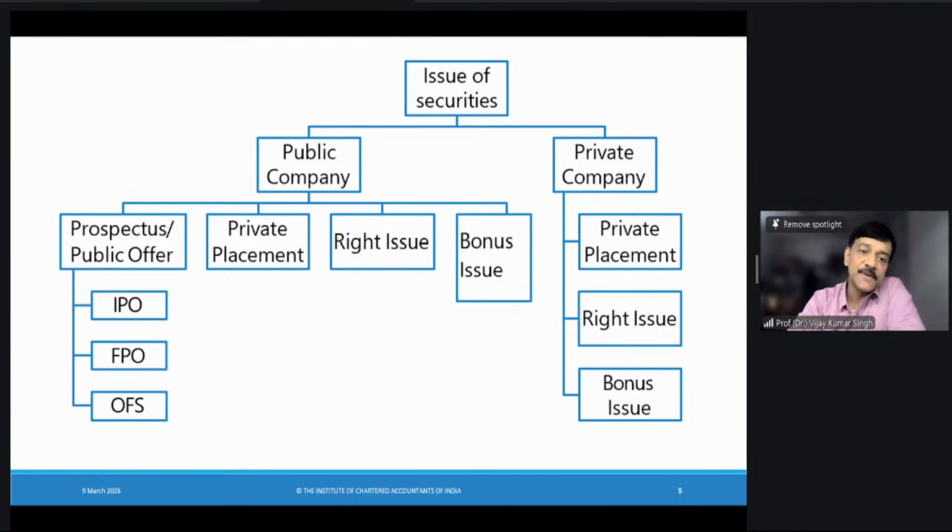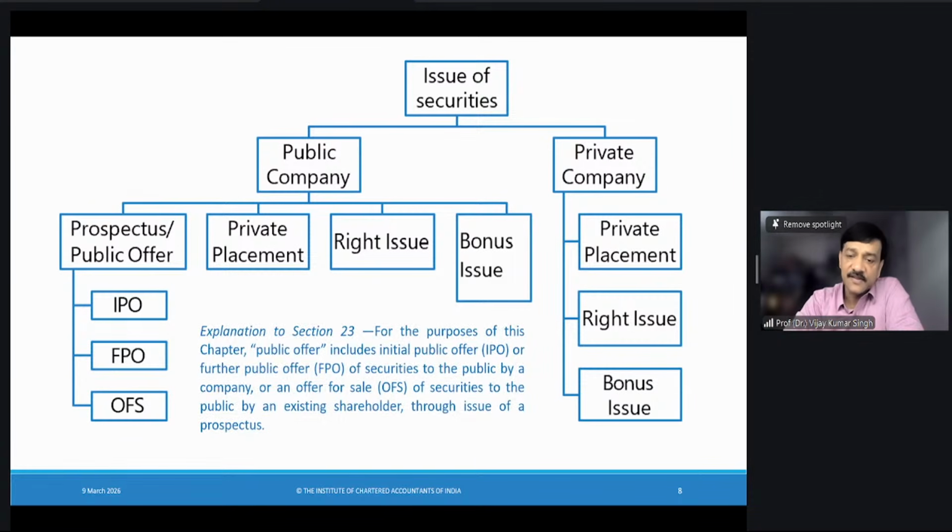Whereas in case of a public company, there is a prospectus or a public offer which is given.